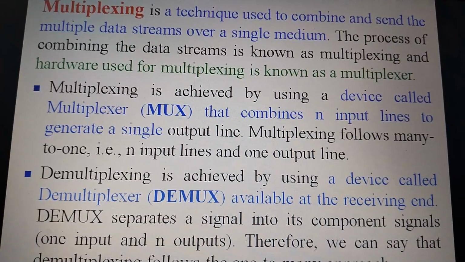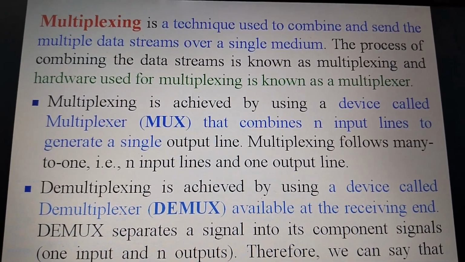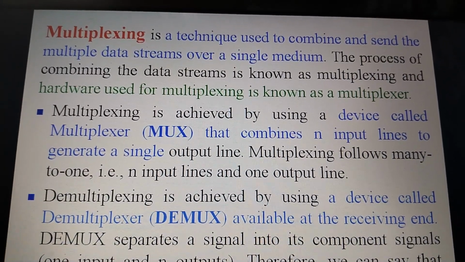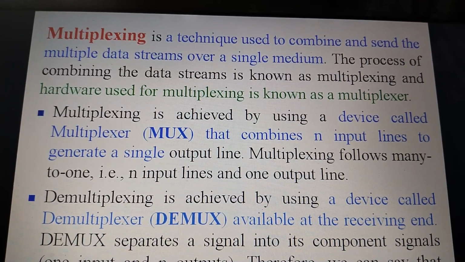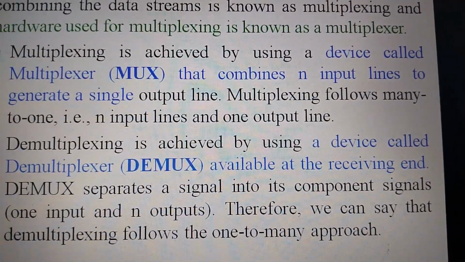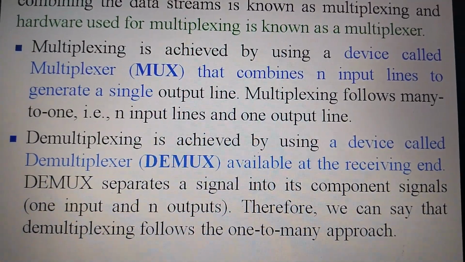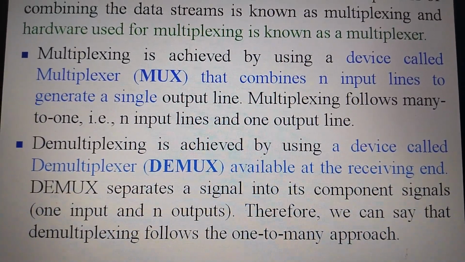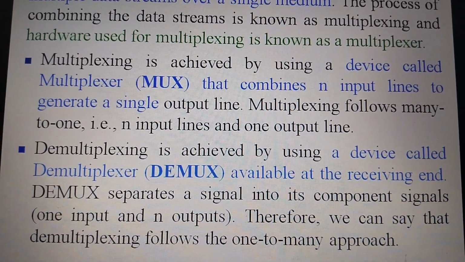Next, what about demultiplexing? Multiplexing is performed at the sender side, which receives the n number of input lines and combines them as a single output line. That single output line travels from sender to receiver. At the receiver side there is one more device called the demultiplexer.